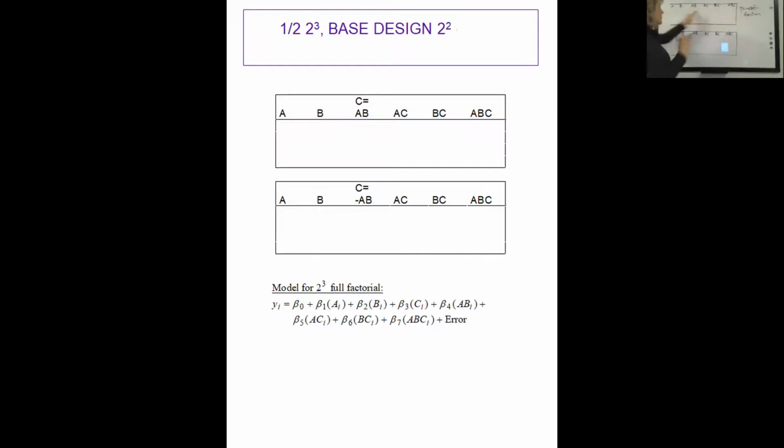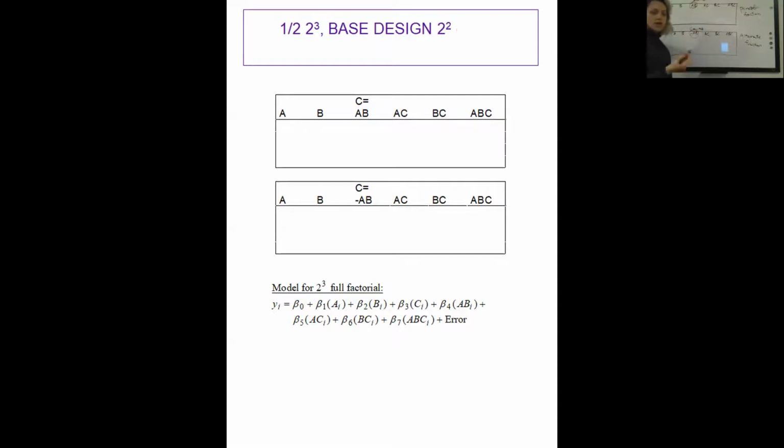So for the principal one, we said that C is equal to AB. This one is C is equal to AB, and in the alternate fraction, we would say here C is equal to minus AB.